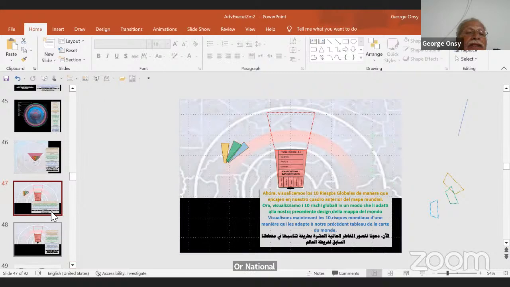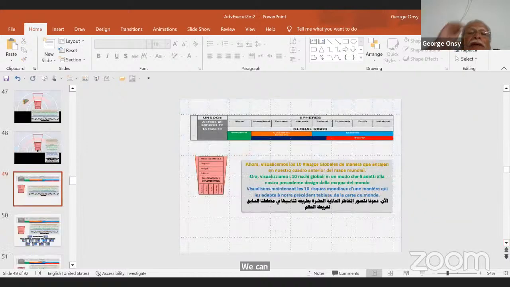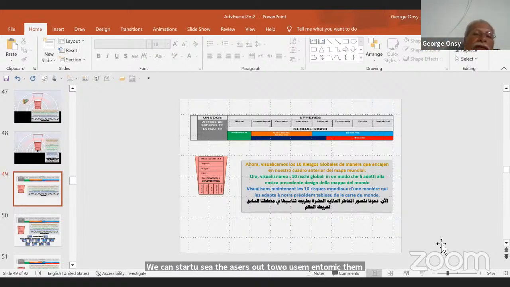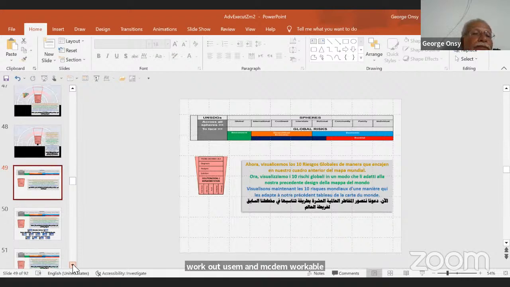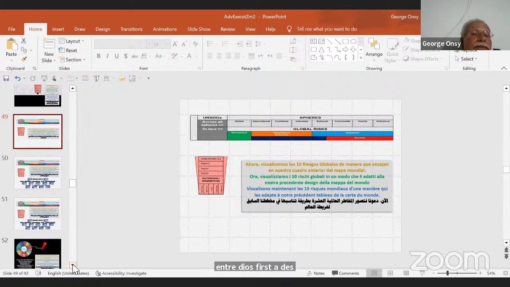And then, as you see, we can start to see the others, how to use them and to make them workable. I would like to introduce first the other ones.